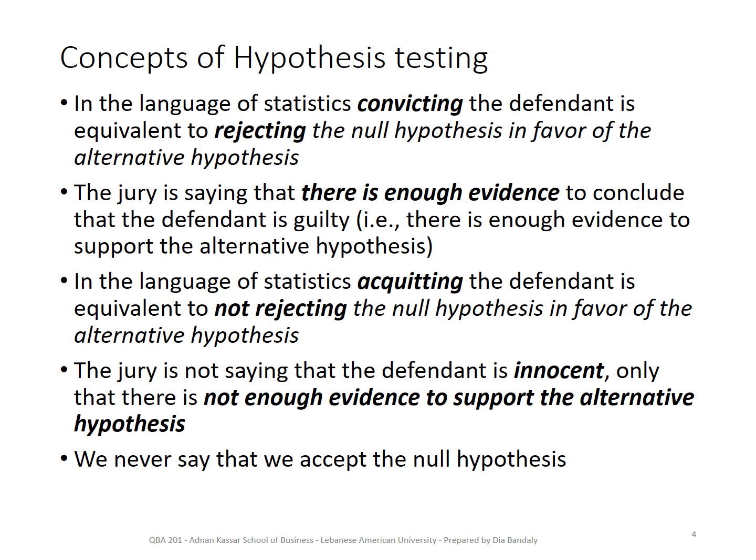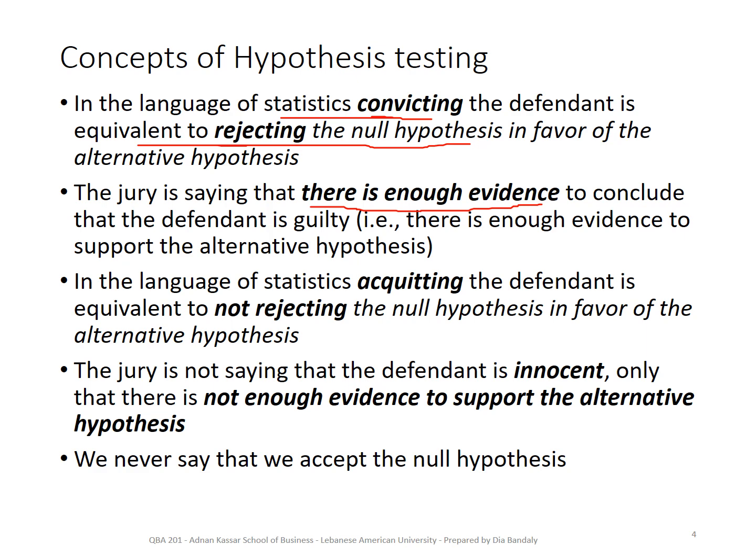So in other words, we are rejecting the null hypothesis. Remember, we start with a null hypothesis, assuming that it's true that the defendant was innocent. So when we convict him, that means we have rejected the null hypothesis. Why? Because they believe that there is enough evidence that the prosecutor has presented to prove that the defendant is guilty, and that's why they rejected the null hypothesis.